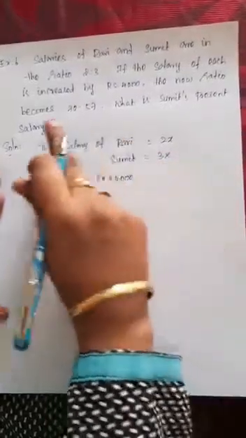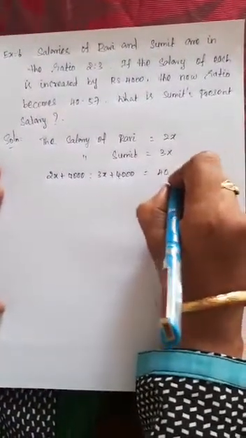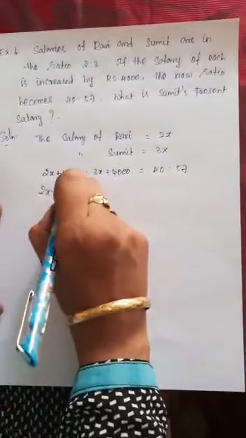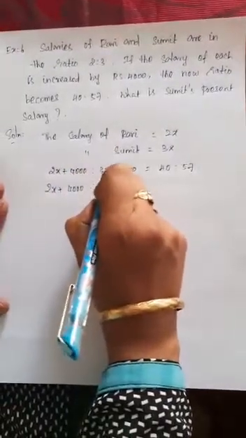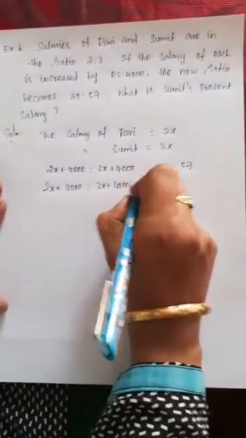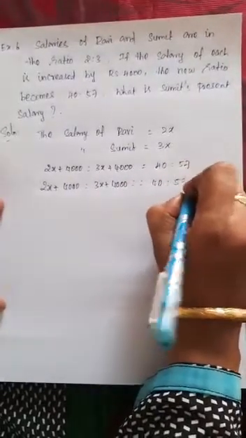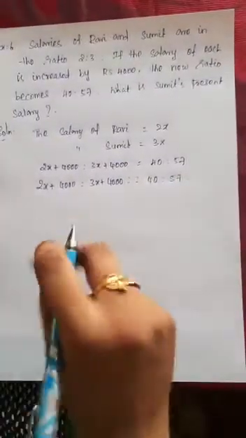This ratio becomes 40:57. So 2x plus 4,000 is to 3x plus 4,000 is in proportion with 40:57. Let's solve this proportion.